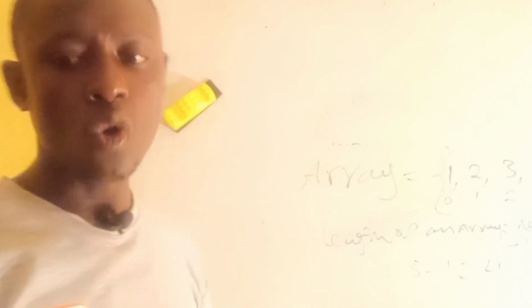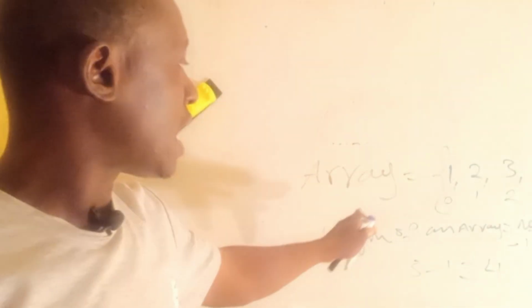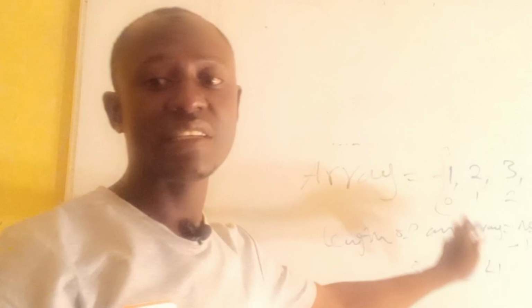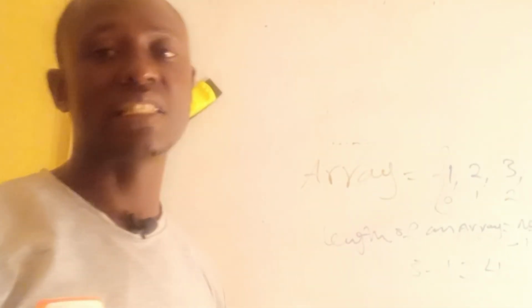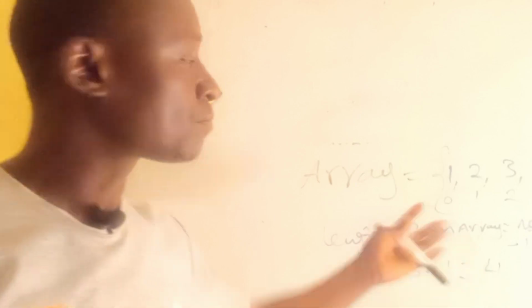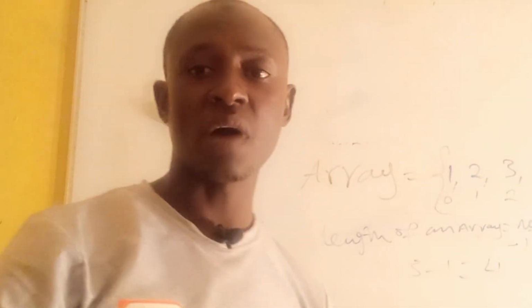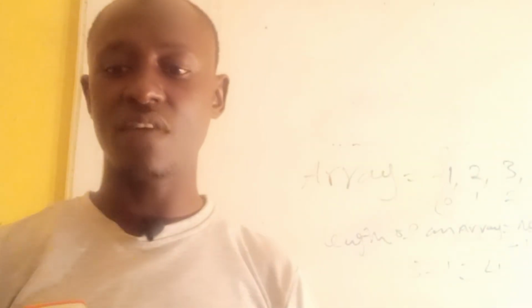This array can also be of integers. Maybe we can look at the syntax for that later when we are dealing with proper OOP. So we also have Java collections.